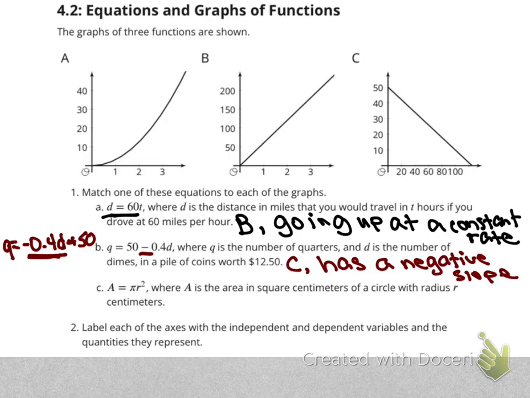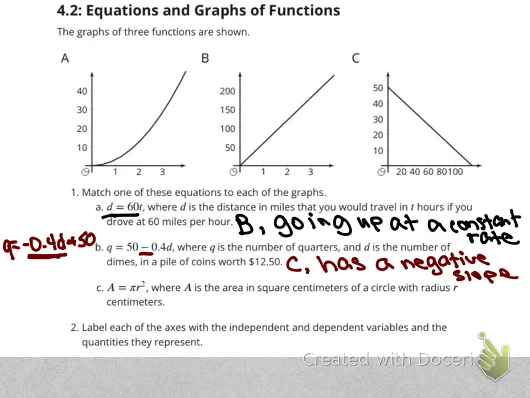Alright, and then that means our last situation, C down here, A equals pi times r squared, where A is the area in square centimeters of a circle with radius r centimeters. Sorry, that was my dog.